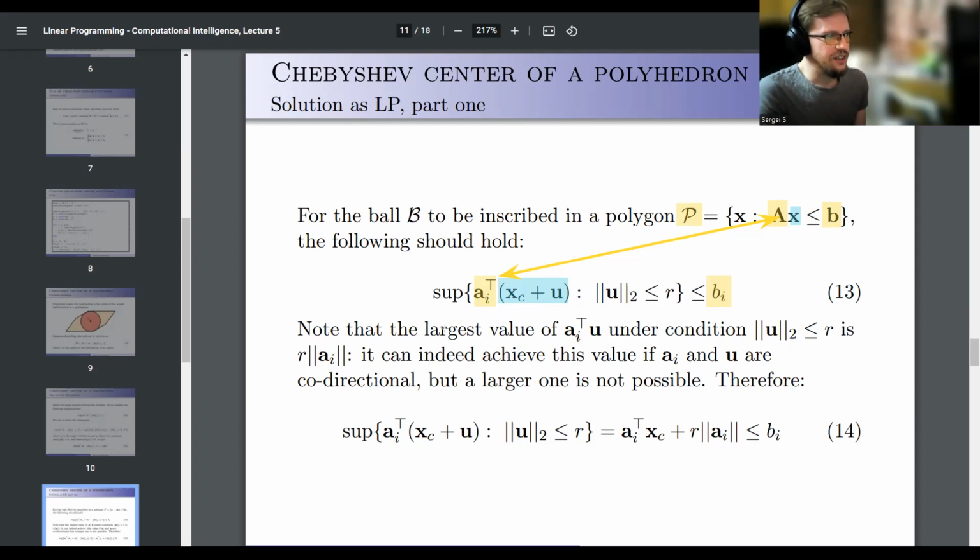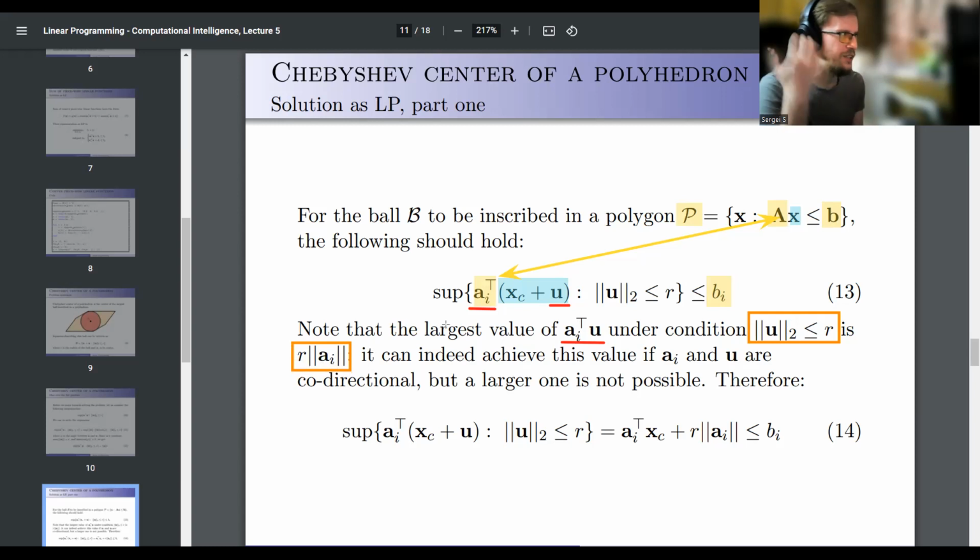Now notice that the largest possible value of the product of A_i and u, under the condition that we saw before, so the largest possible value of A_i times u under the condition norm of u less than or equal to r is r times norm of A_i.